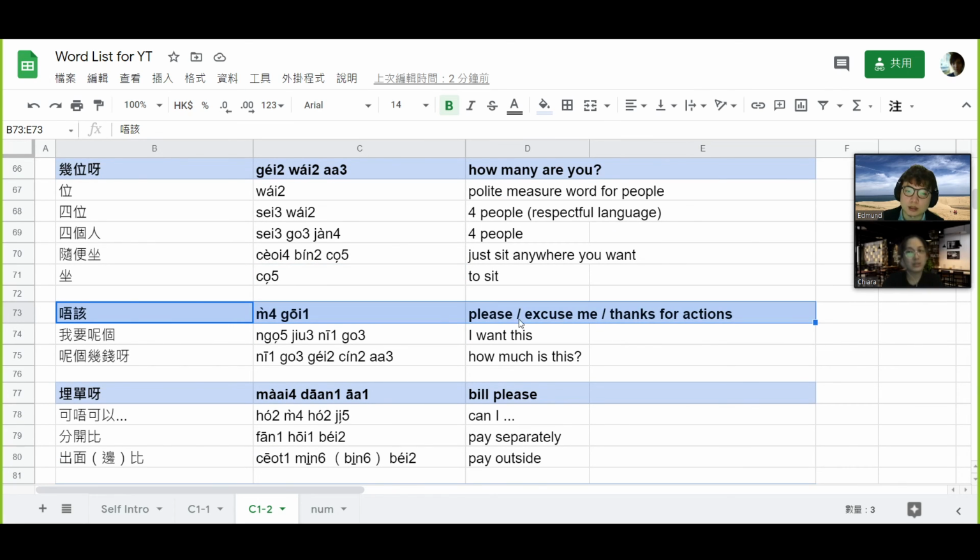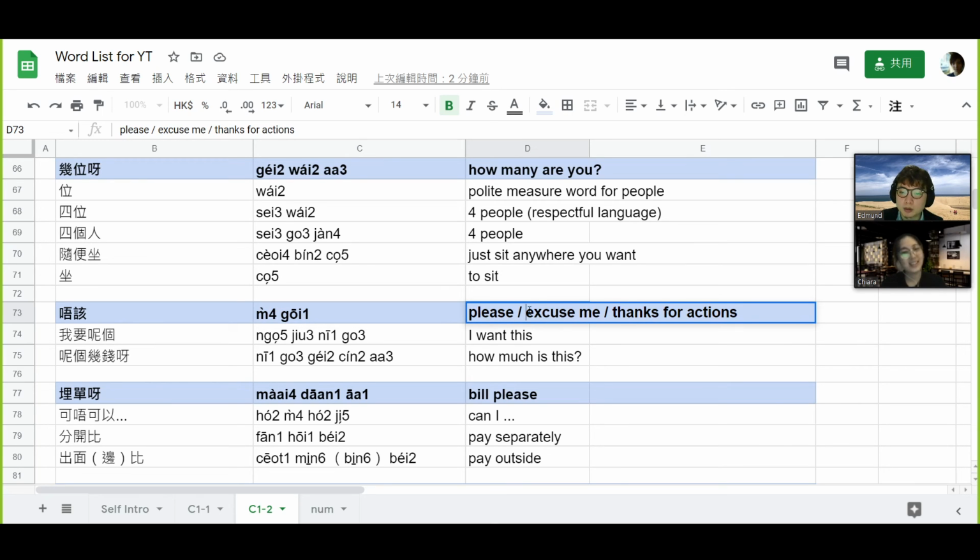And this is how to get the attention of the staff. 唔該. 唔該 can mean a lot of things in Cantonese. People use it for excuse me, please, thanks. Like for example, 唔該呢個, please, something like that.